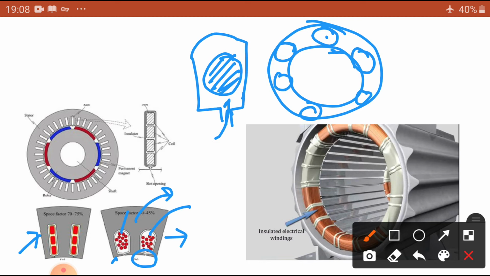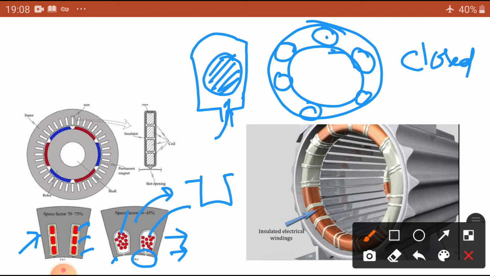This type of winding is known as closed slots. You can see 1, 2, 3 coils inserted, the triplex winding here. There is no opening. So these are the three types of slots generally used in our electrical field.